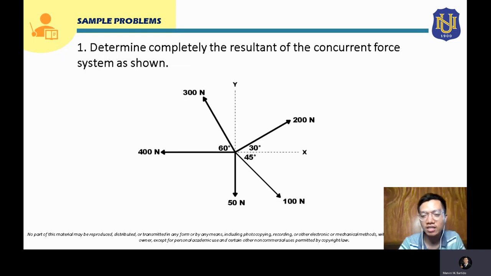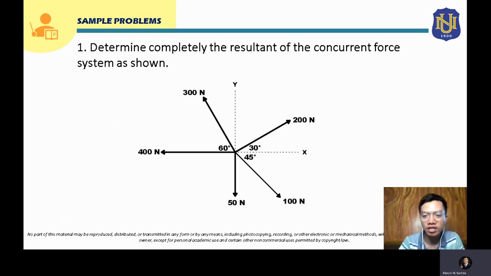Now, since we have already recalled how to solve the components of forces, we can now proceed to solving a concurrent force system with 3 or more forces using the component method. Let us consider the first sample problem.